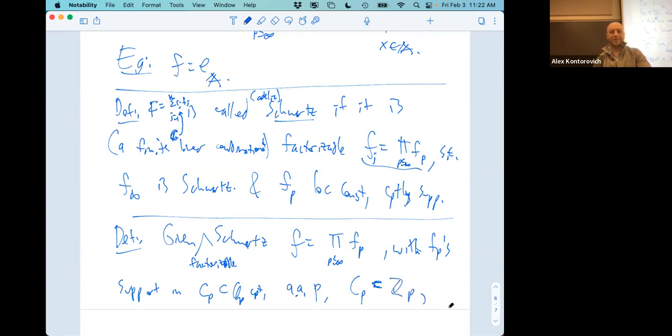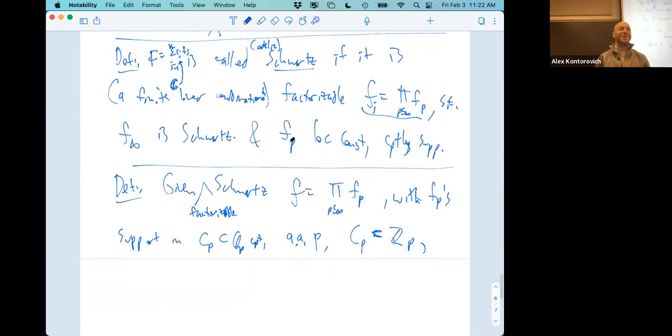For each p, the support itself is compact, because then these are themselves finite linear sums of indicator functions of open sets, if you recall that discussion.